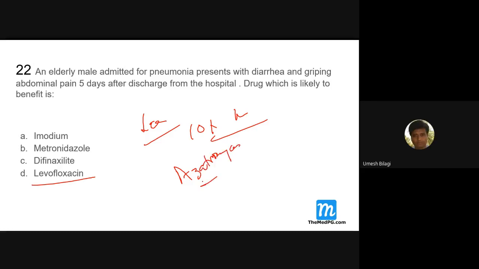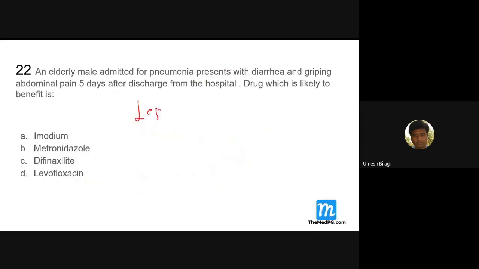The drug of choice is azithromycin. If not, you can use fluoroquinolones like levofloxacin, moxifloxacin, gemifloxacin. This is the case of Legionella: there is diarrhea, within 5 days of discharge. It is a Legionella source.